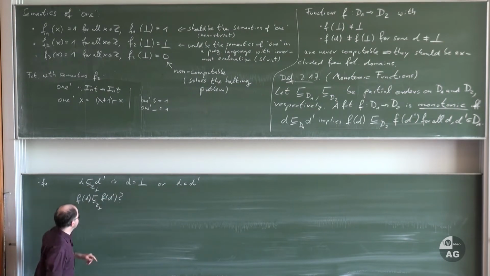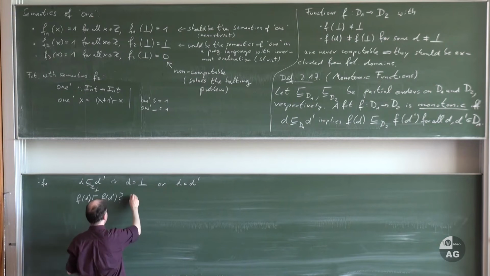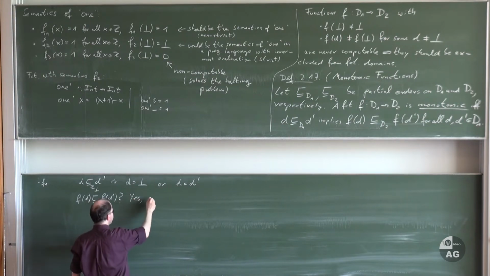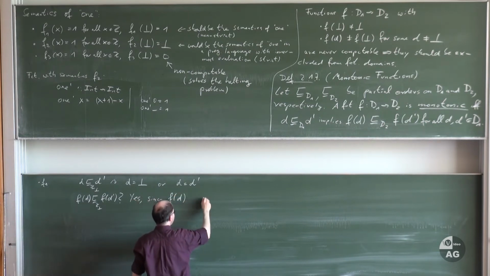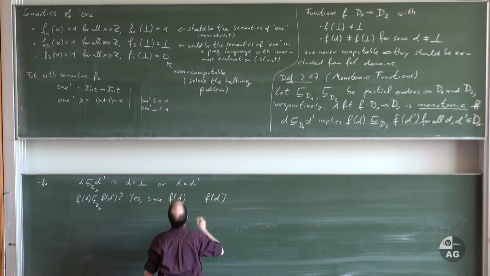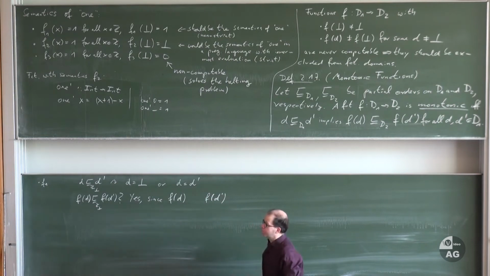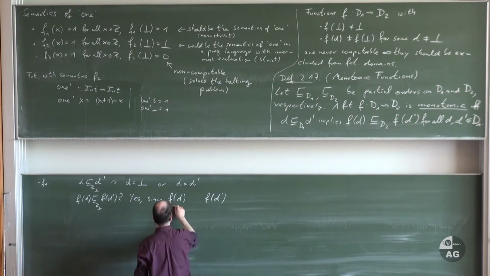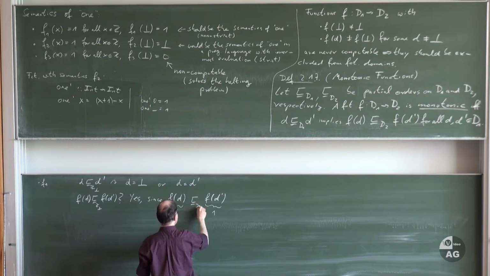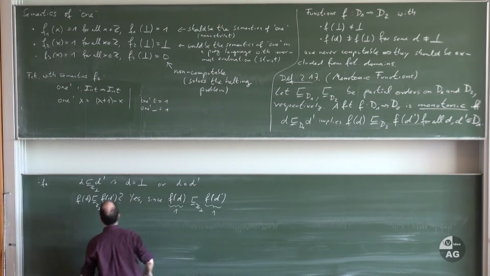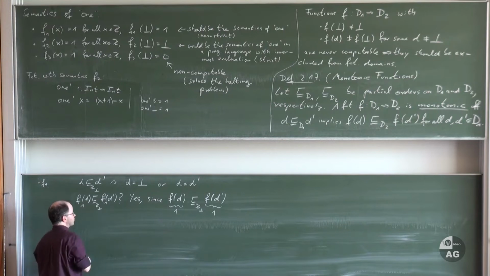Well, if d is bottom, here it holds because, as you can see, for f1, the result is always 1. It doesn't really matter what I apply it to. Even for bottom, the result is 1. So here we always have 1, and there we always have 1, so this clearly holds. So for f1, it holds.